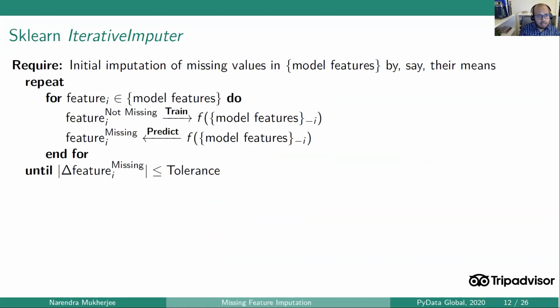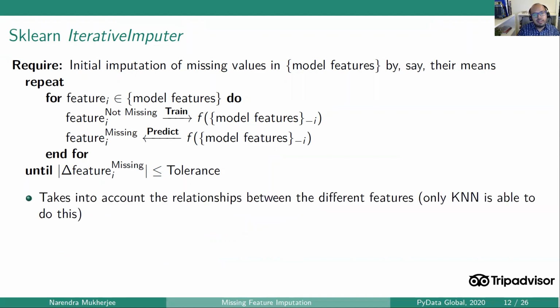And so this strategy achieves a couple of the different objectives. One is that it takes into account the relationship between the different features, because the predictive model F is explicitly built based on the other features, the minus I features in the data set, and only k nearest neighbors is able to do this.